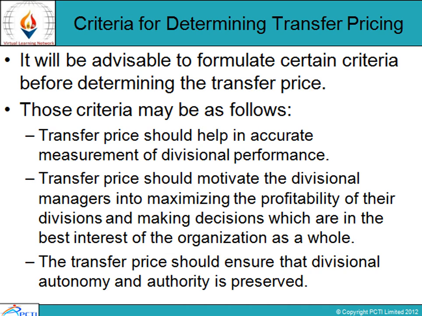Furthermore, जो transfer pricing है वो ensure करना चाहिए कि divisional autonomy और authority में कोई hamper ना हो, so that divisional authority and autonomy are very well preserved and need not be hampered by the transfer price.